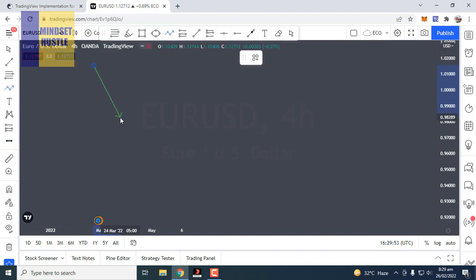So we can have something like this. You'll be moving down, then we have a movement that is kind of a pullback, and then we have this, and we can have this kind of movements in the market before we go down.